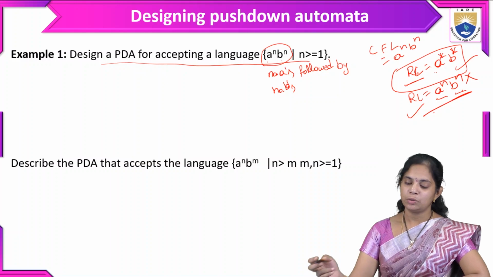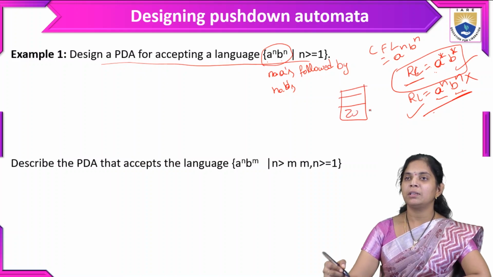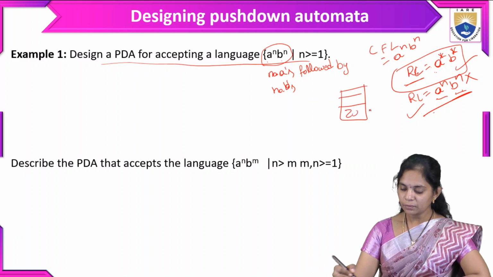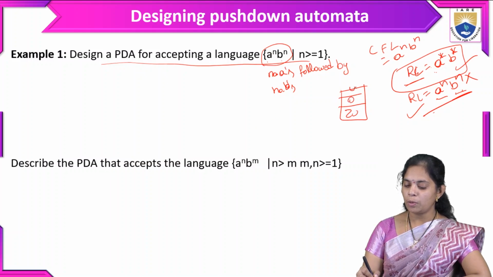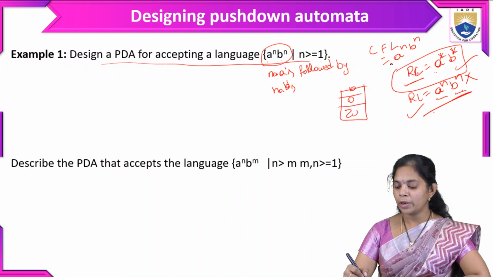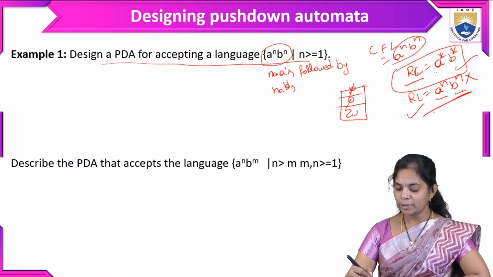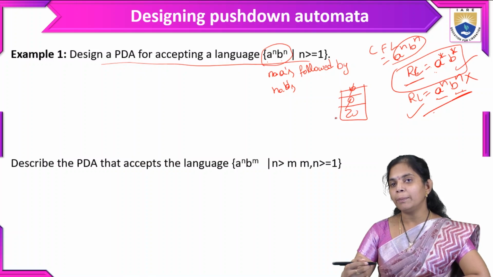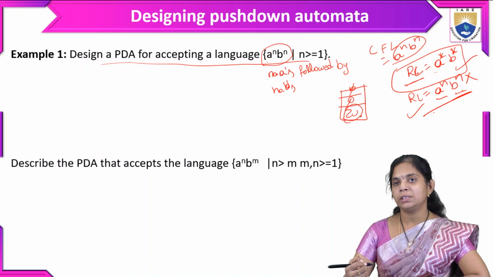After emptying, with the pop operations, here is the stack. Initially, we have to start with Z0. Then whatever the input symbols are, we need to push or pop according to the language. After completing the input string, we need to reach Z0.